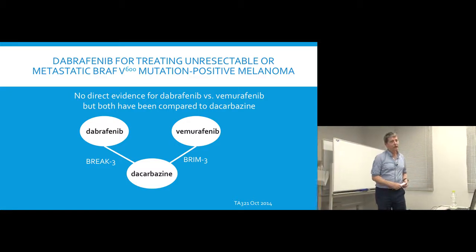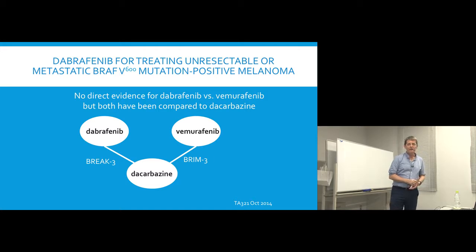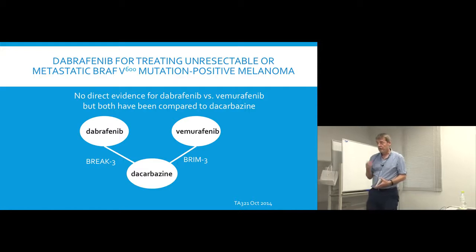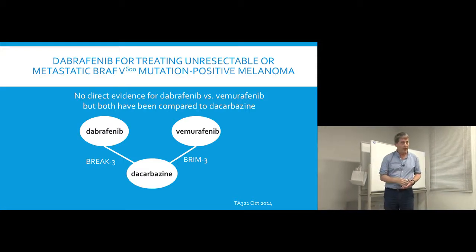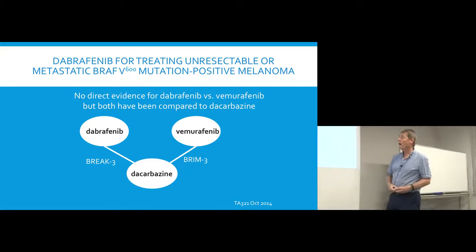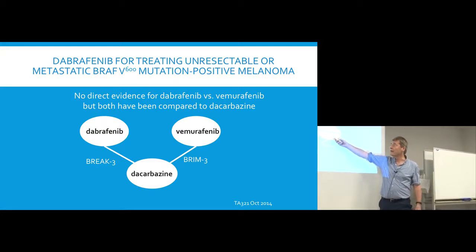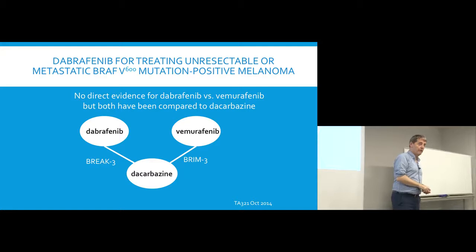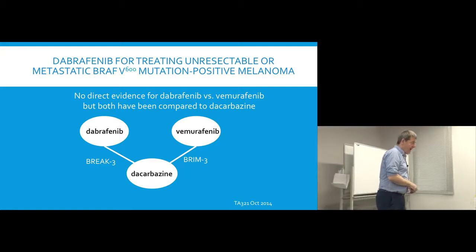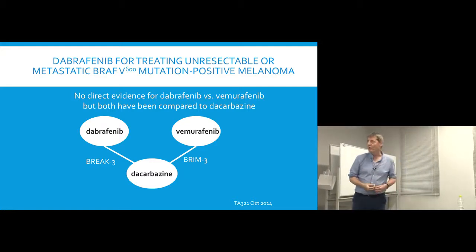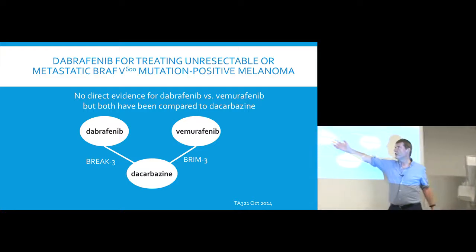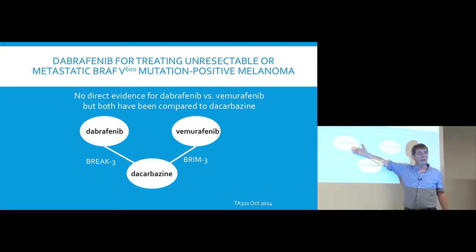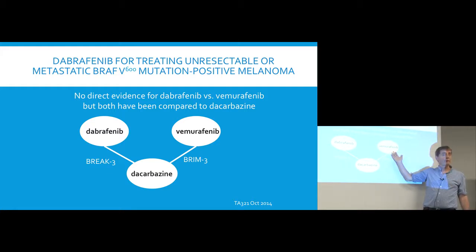If you're unresectable or metastatic, you're fairly advanced. So dabrafenib was in this case the new drug, and recently approved was another drug, new but not quite so new, called vemurafenib. And so the question was, this new drug, dabrafenib, should we be using it instead of vemurafenib?